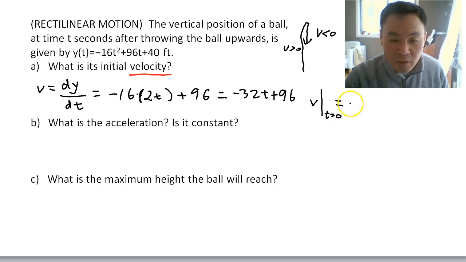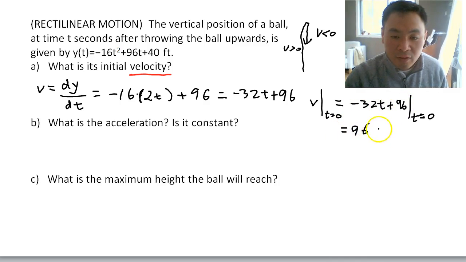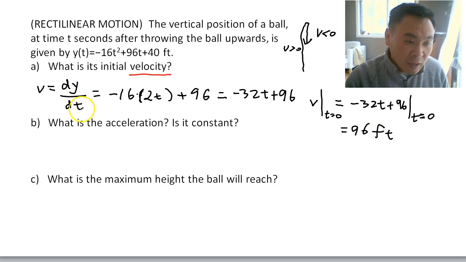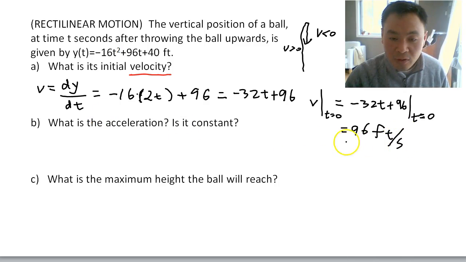So we plug in t equals 0 into this function. 0 times 32 is 0, so you only get 96 as your answer. Now let's think about what unit to use. The unit for y is feet, and because you're dividing by dt and t's unit is seconds, the unit should be 96 feet per second.